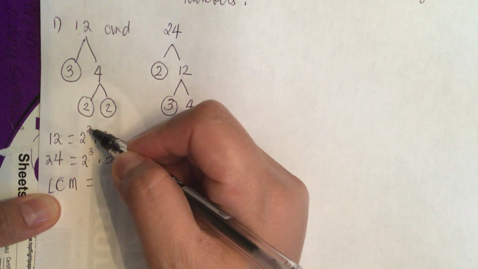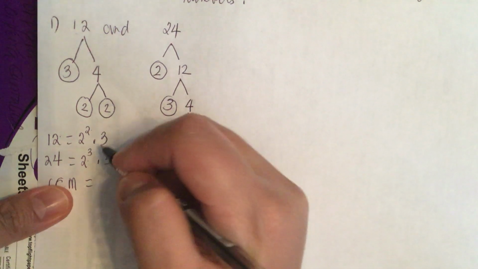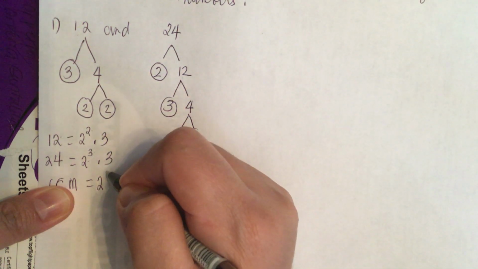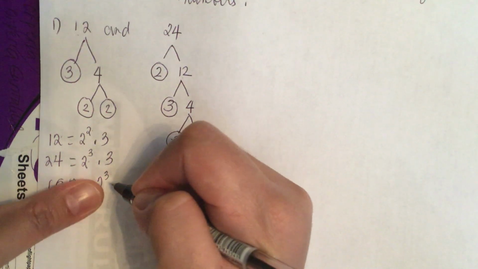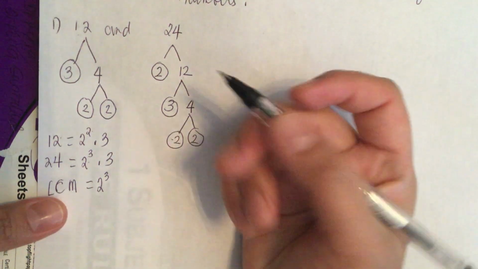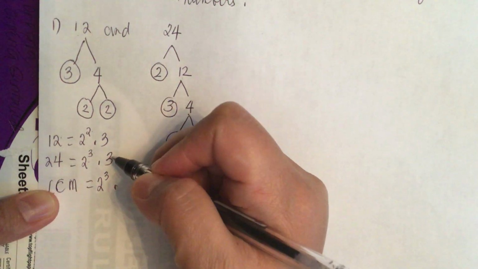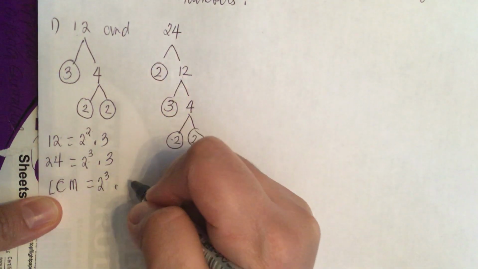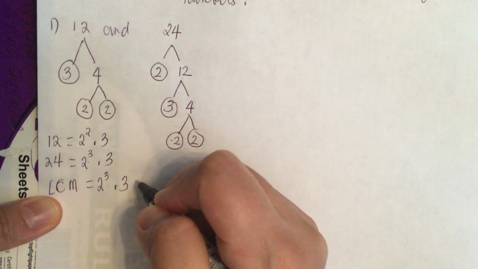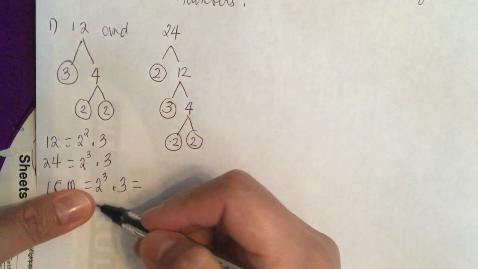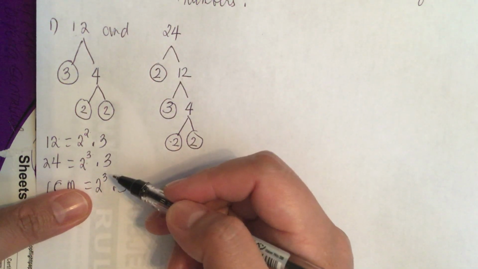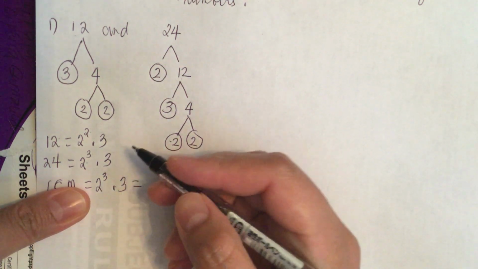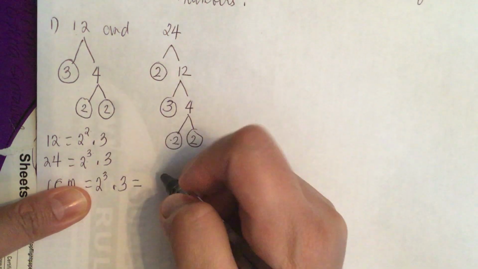So the LCM will take the highest occurrence: 2 to the cube power, and then 3 to the first power, so we just take 3. So this is equal to 2 times 2 times 2 is 8, 8 times 3 is 24.